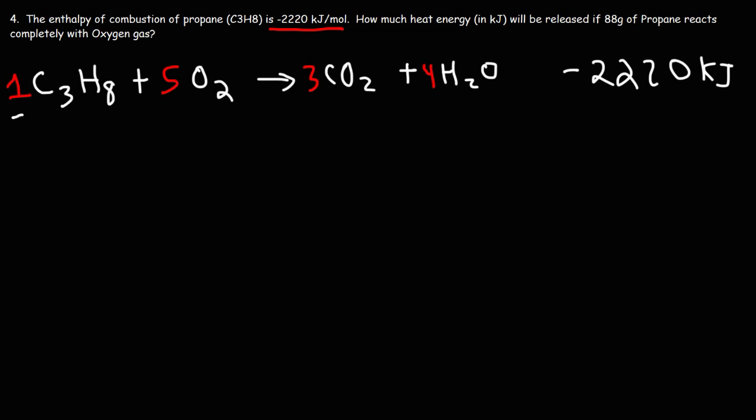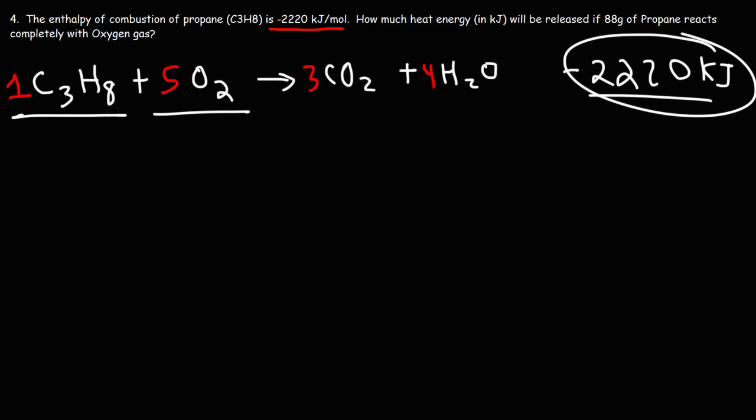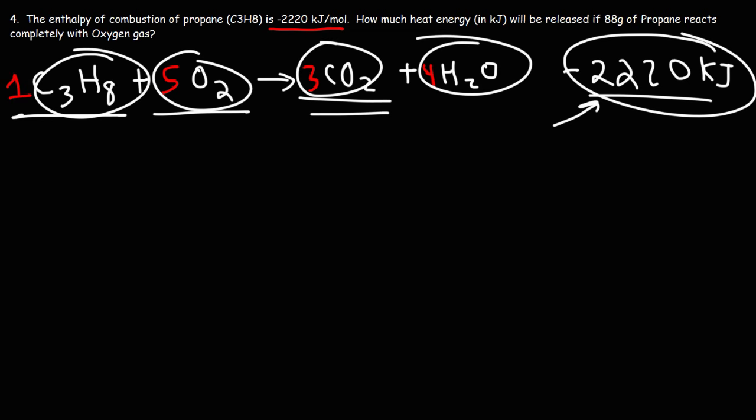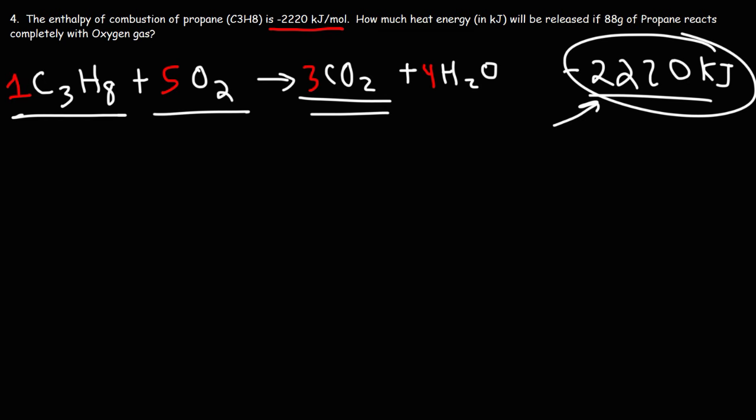As we said before, when 1 mole of propane reacts, 2220 kilojoules of heat will be released. Or we could say that when 5 moles of O2 reacts in this reaction, the same amount of heat energy will be released. Or when 3 moles of CO2 is produced, negative 2220 kilojoules of heat will be released. So in this thermochemical equation, we can connect this energy with the moles of any of the 4 substances in this thermochemical equation.